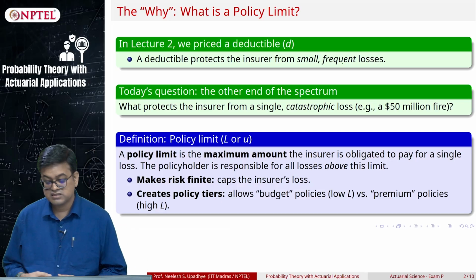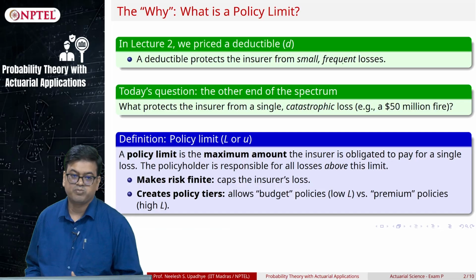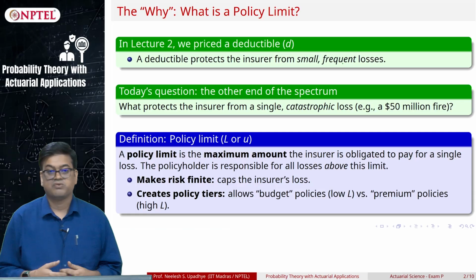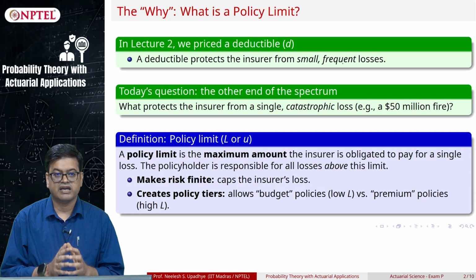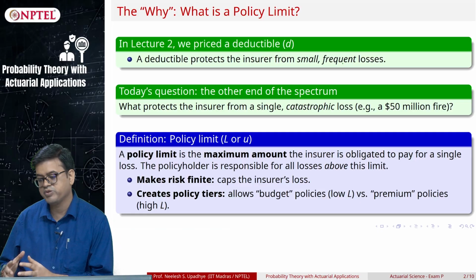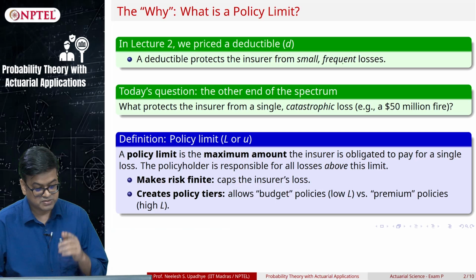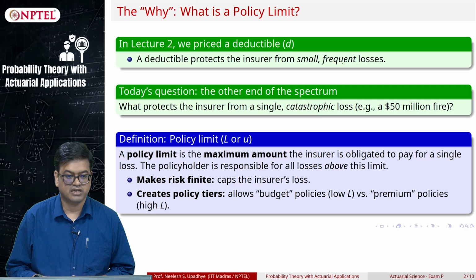It also allows me, as an insurer, to give premium policies with higher premiums, because remember what we were discussing: how the loss behaves conditionally is what matters, and that is where this idea of policy limit is of significant help.